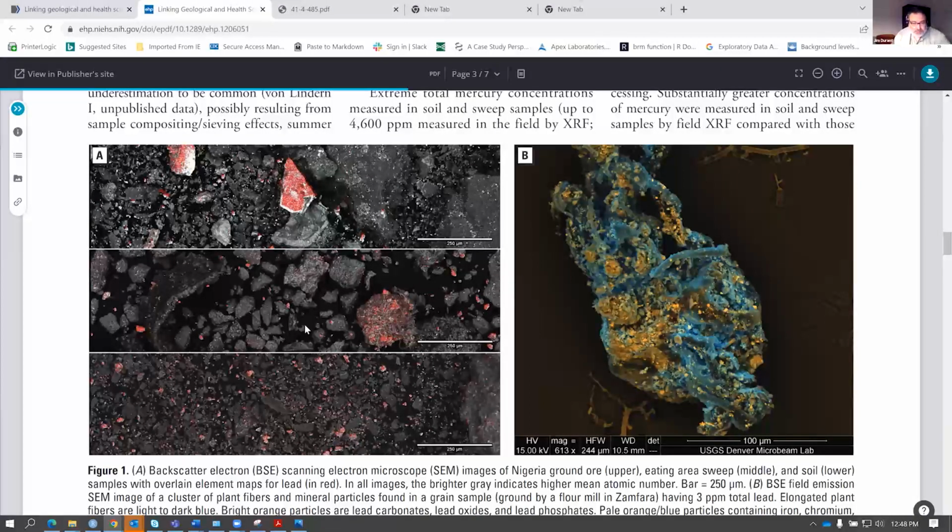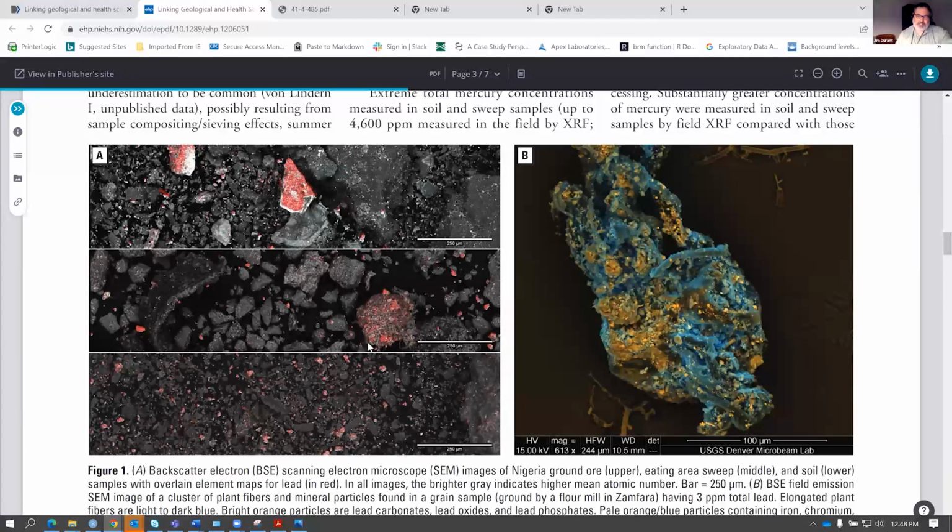Some of the soil samples we were looking at, the USGS looked at with backscatter electron microscopy. And you can see here in red the more lead contaminated particulates from the three media that we looked at. One of these was the ore that was being processed. Another was dust collected in a home, and another was collected as an incremental sample that I did over the entire village.